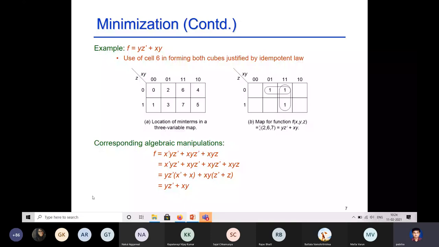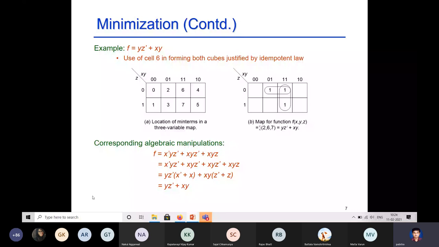So the thing is that we'll use this 2-dimensional representation for our minimization purpose by finding some patterns in the location of the true min terms, the 1 min terms. We'll see that up to 4 variables, finding these patterns is easy. The rules are simple.